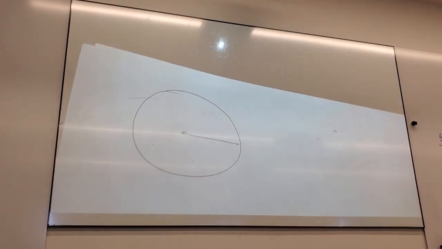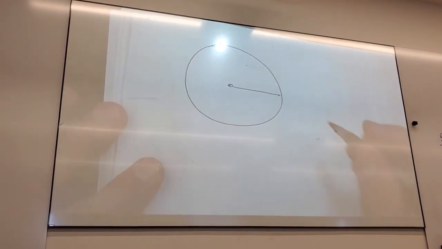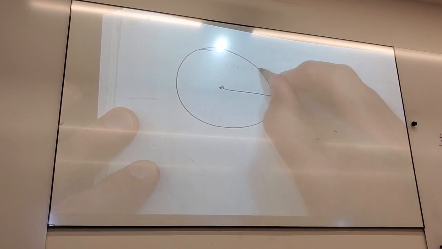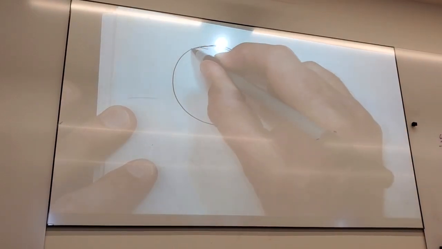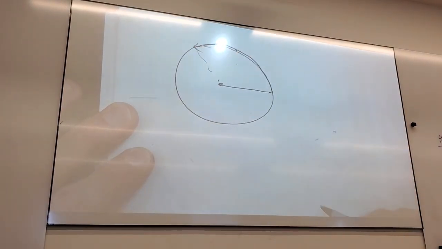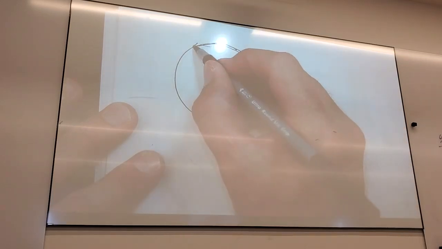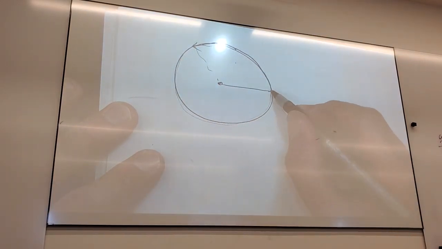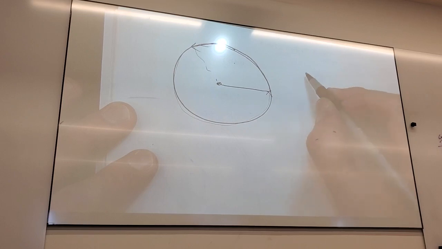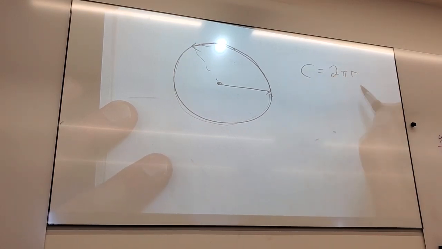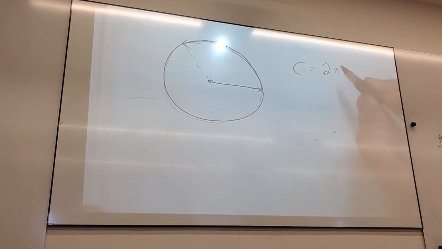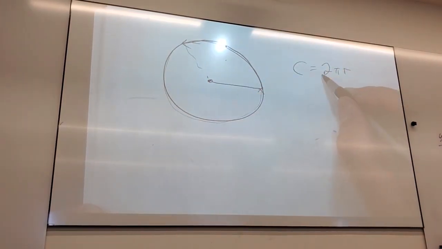If there's 2 radiuses in a diameter, basically what I'm doing as I move along is measuring how far around the circle I'm going. Correct? So if the circumference is 2 pi r, what does this really mean? That means to get around the whole circle, it takes this many radii.